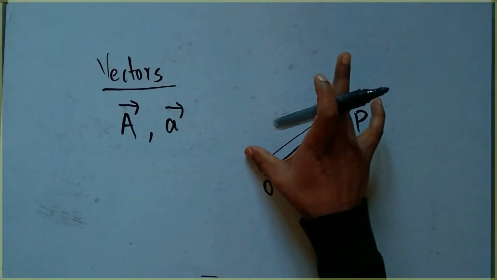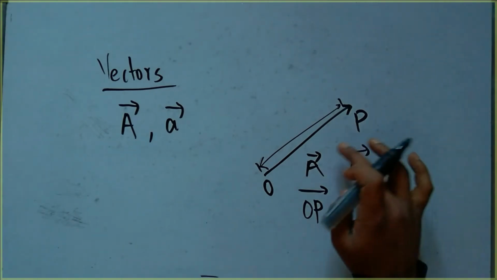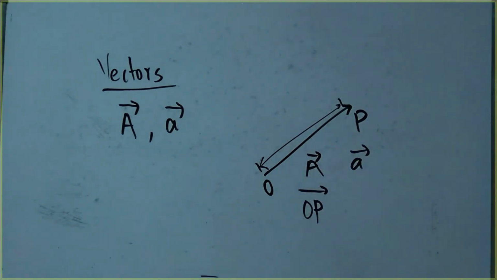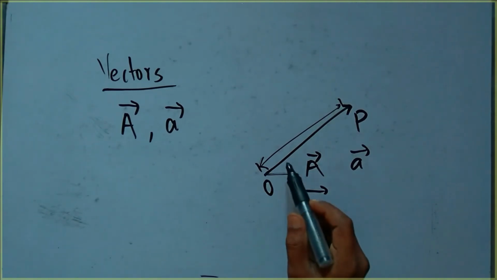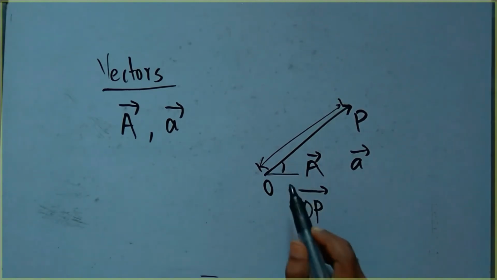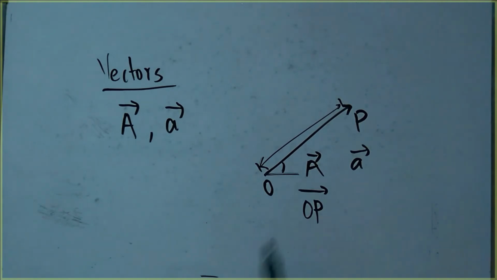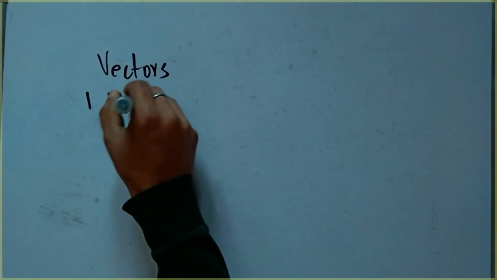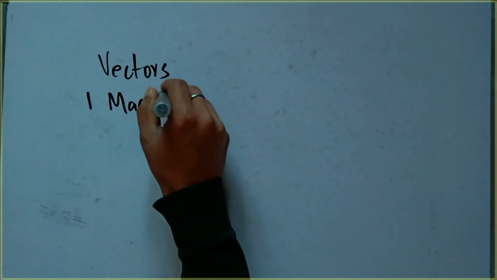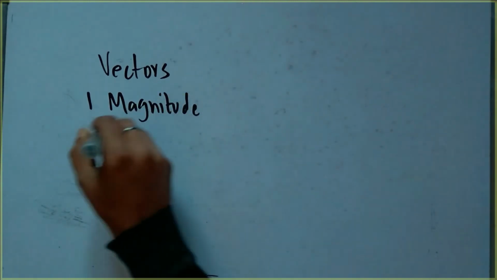Now this length gives the magnitude of the vector OP. Now we need direction as well. In order to get the direction, we must have a standard reference point or line. By definition, vectors have both magnitude and direction.